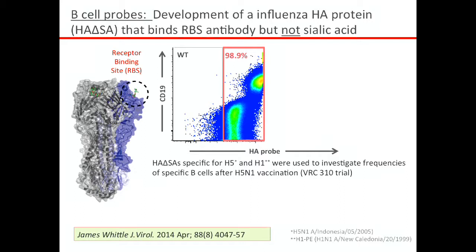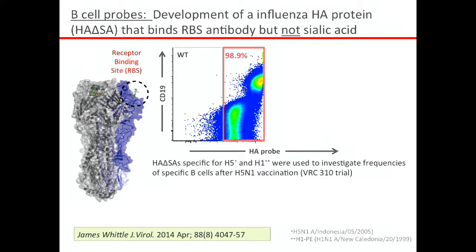Back when I first started at the VRC, we were trying to understand a vaccine trial, VRC 310, which was a vaccination with H5N1. However, we did not have an antigen to pull out our B cells with. This is an HA.